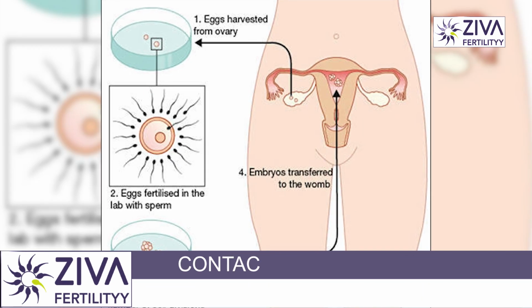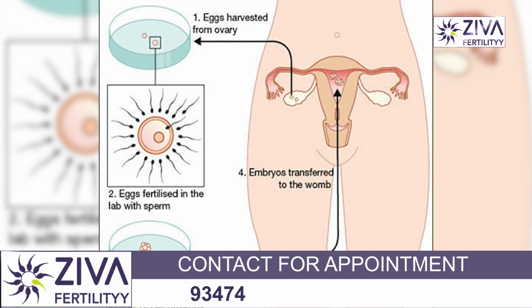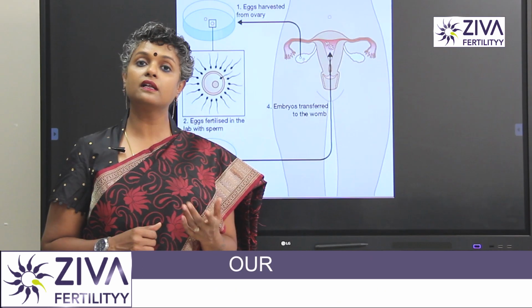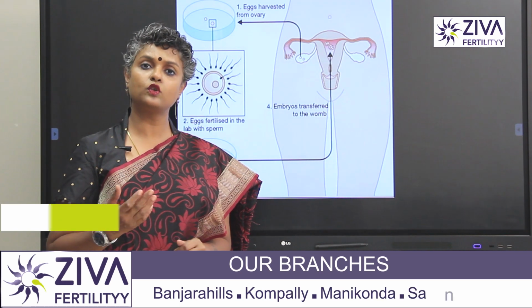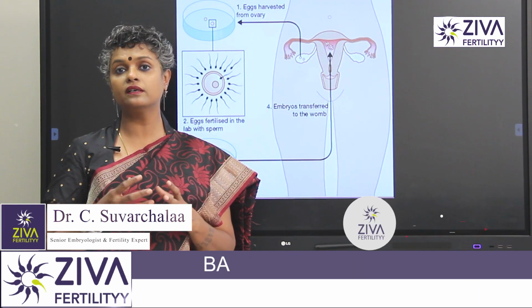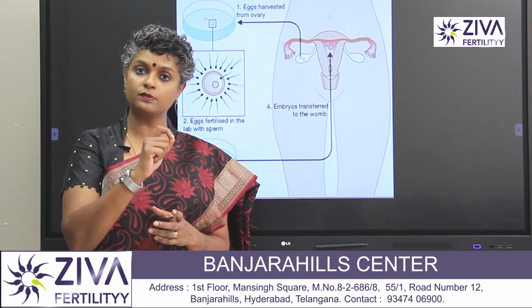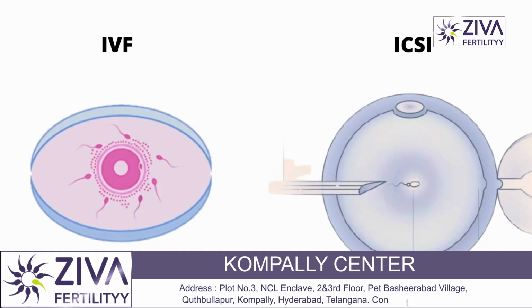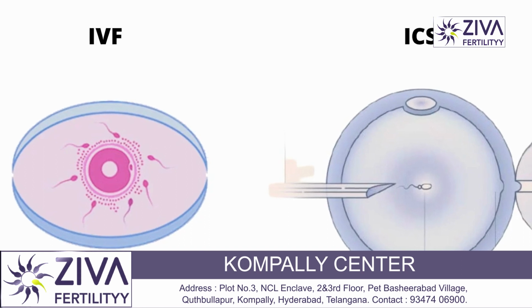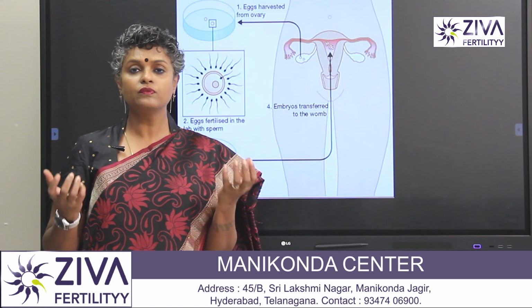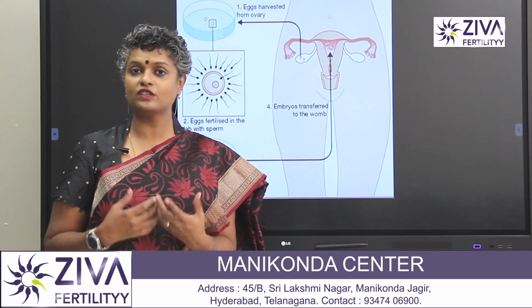They could either be put in the process of IVF, in vitro fertilization, where the eggs are mixed with your partner's sperms, or there is another process called ICSI, intracytoplasmic sperm injection, where the egg is held on a special machine and a single sperm is put inside a single egg. Now these are the two kinds of procedures, but ultimately the embryo that results from both procedures is your genetic material, your genetic offspring.